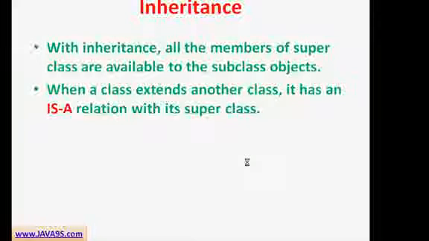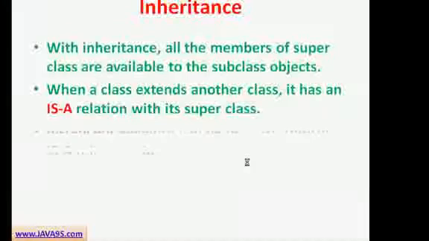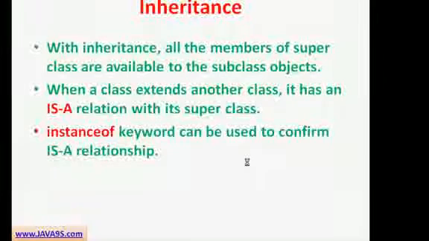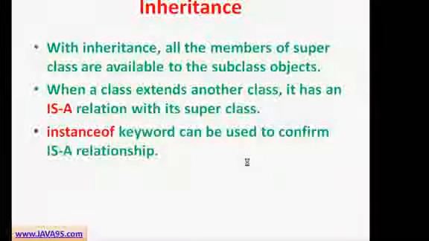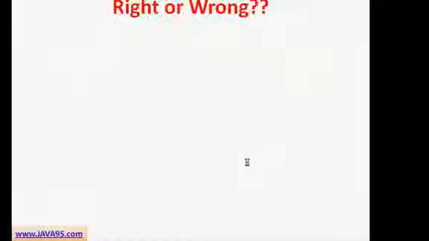BMW is going to be a Car when it extends the Car class. So how do you actually check the is-a relationship between two types? It is using the instanceof keyword. So let us see some examples here.